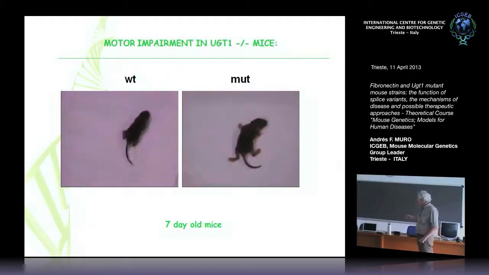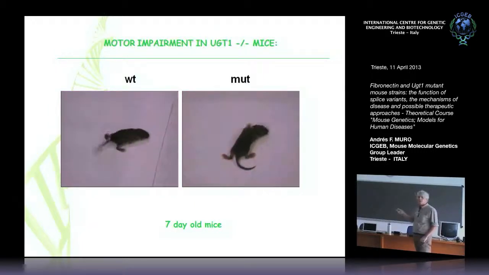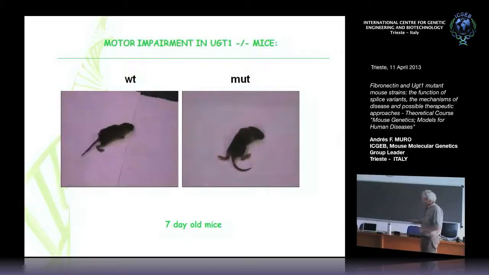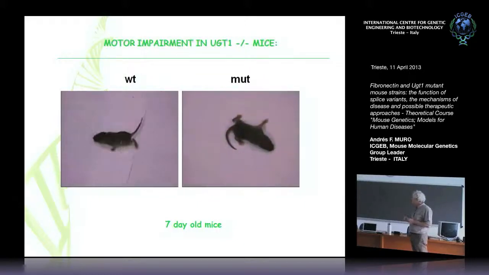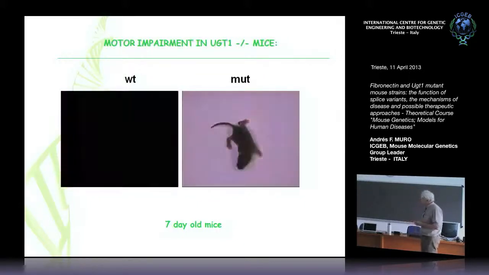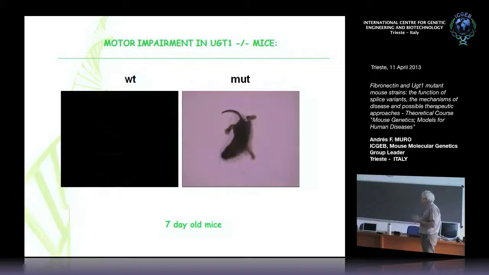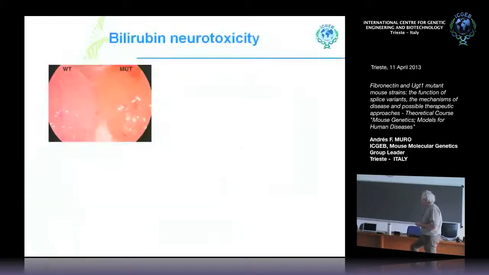So this animal, let's say, is committed to die in a few days. And this is what normally happens also with babies, in the sense that they have motor problems when they have brain damage. And the idea is to try to avoid that. So this is just a snapshot of the brain without doing anything.